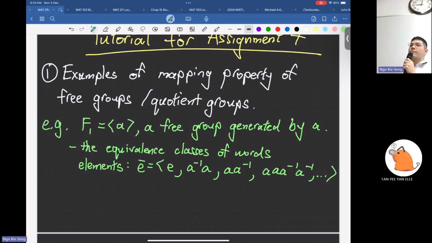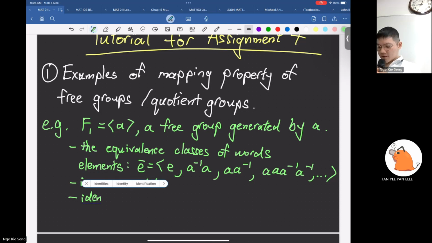So these are the words that can be cancelled when they are side by side. And so you have inverses here. You also have identity. What's the identity? The identity is the empty word.